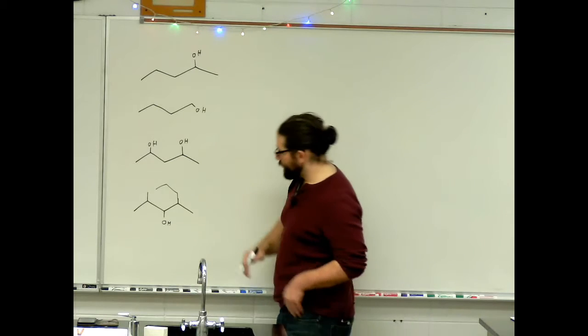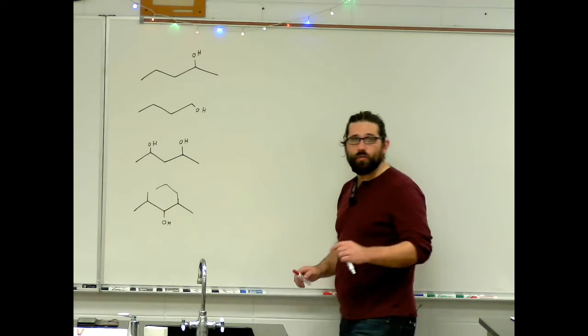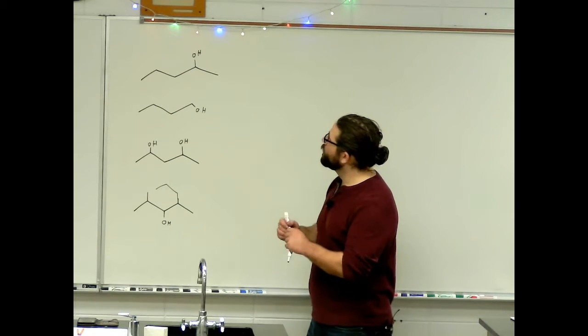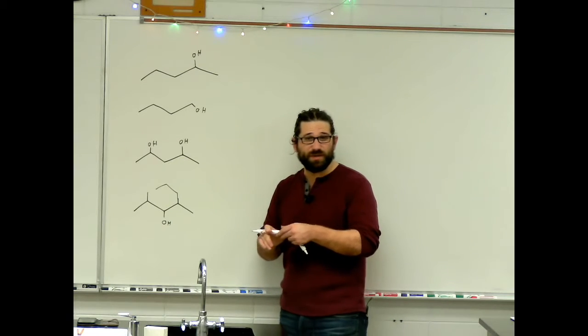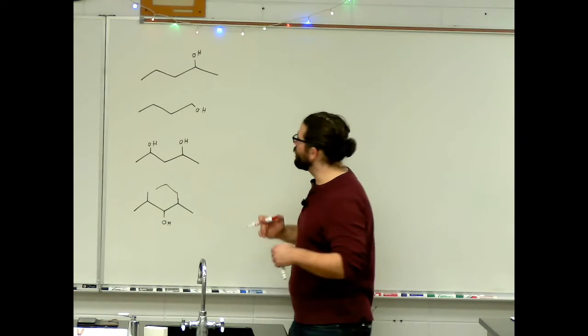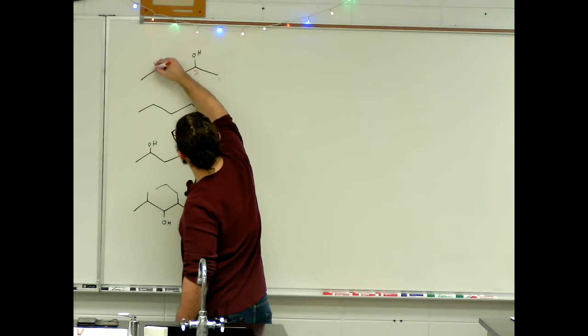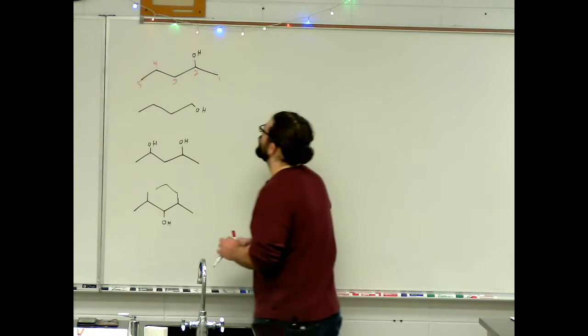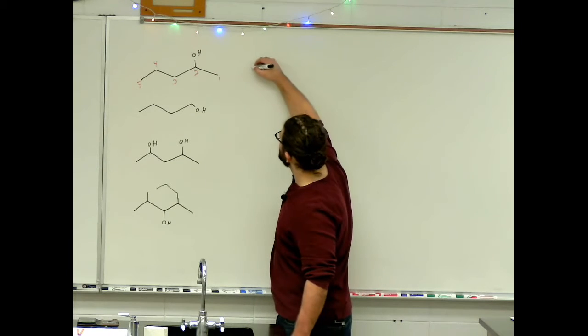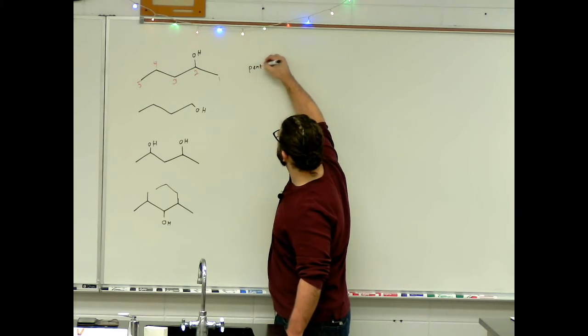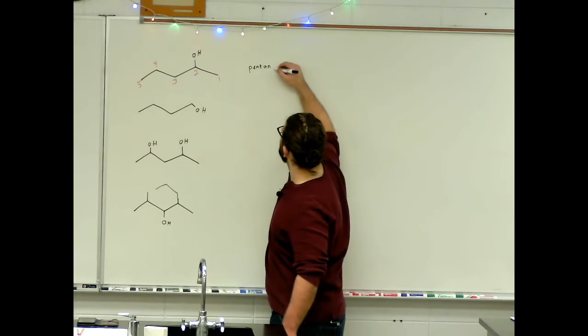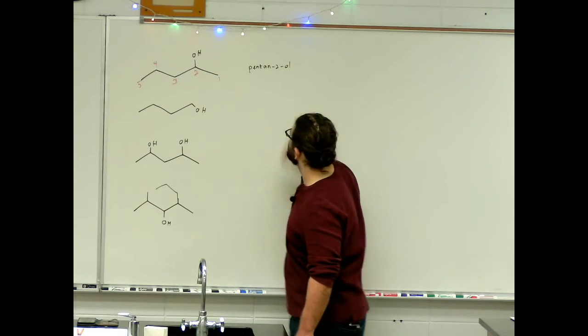First, let's name this one. Remembering, we're going to name starting from the end so that our constituent has the lowest possible number. This is going to be a 1, 2, 3, 4, and 5. This is going to be a pent, no double bonds, and OH on the 2, 2-ol.